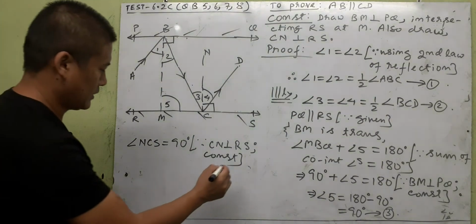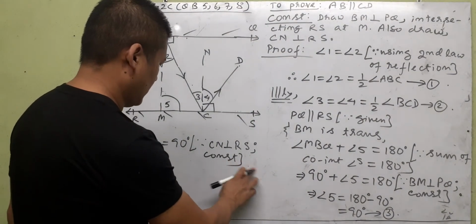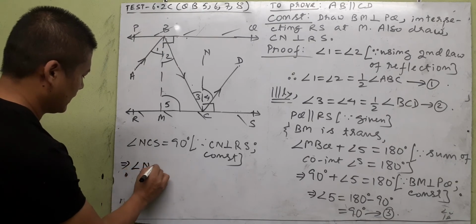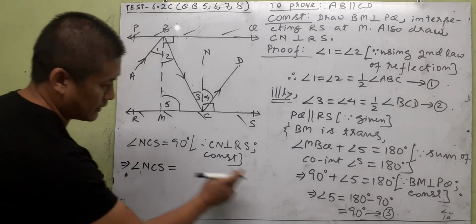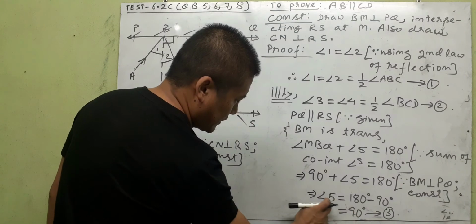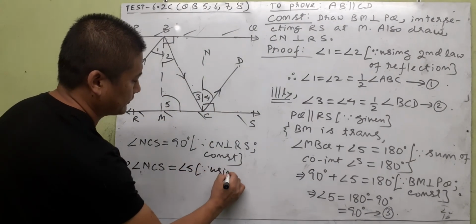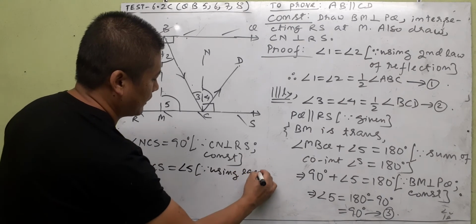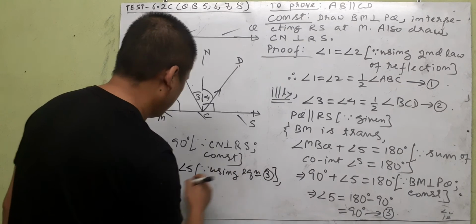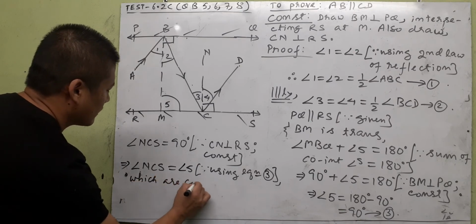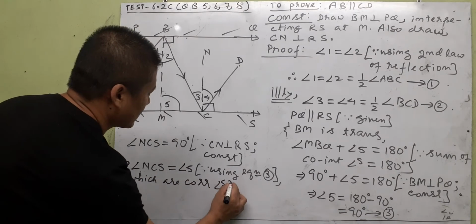So angle NCS will be 90 degrees, here also 90. So they're equal, means you can replace by angle 5, using equation number 3. Now these two angles are what? Which are corresponding angles? Check properly.